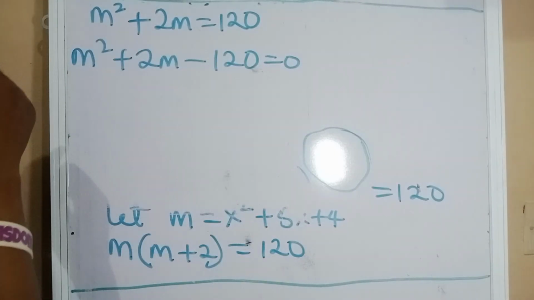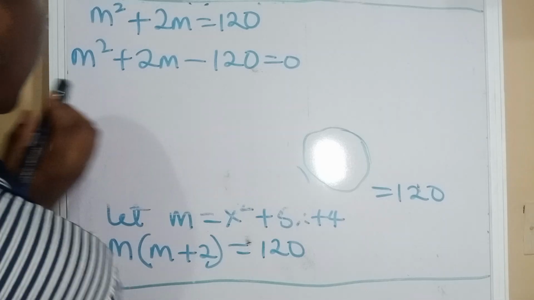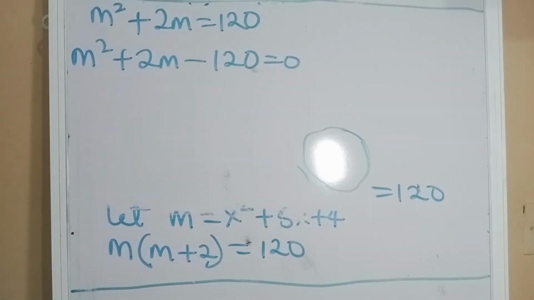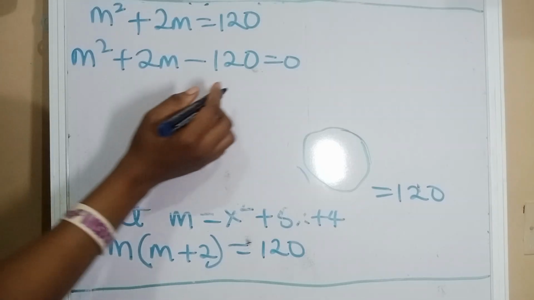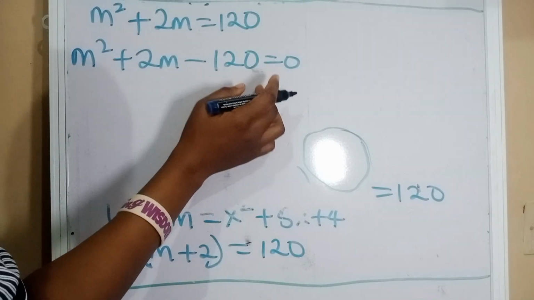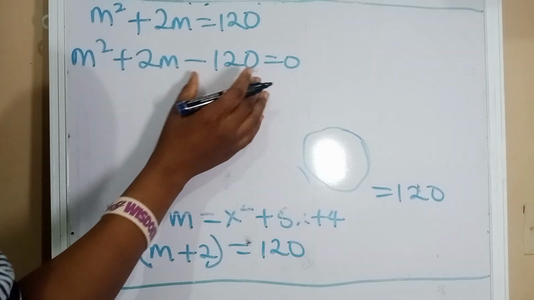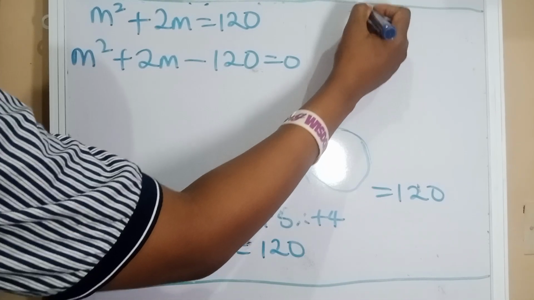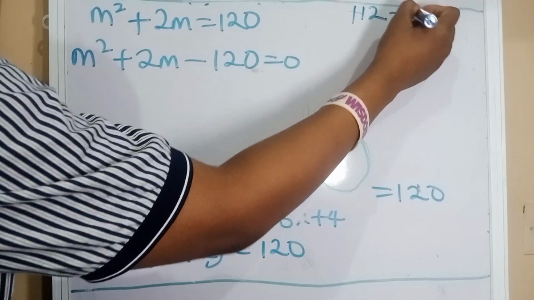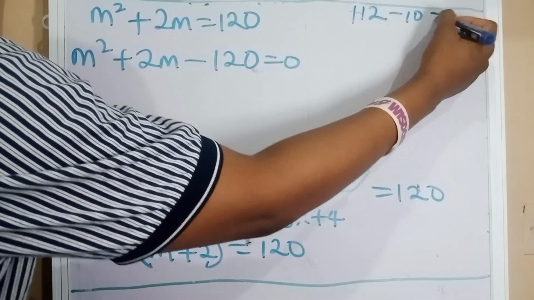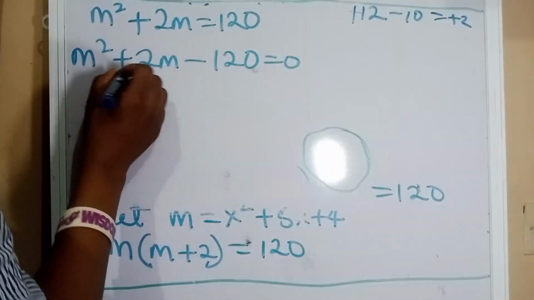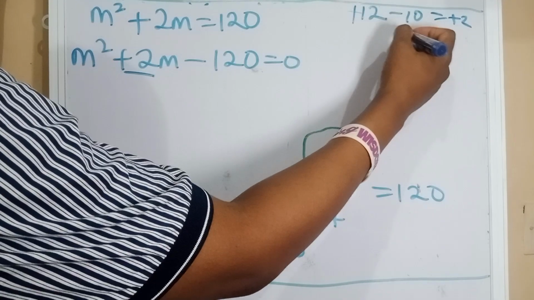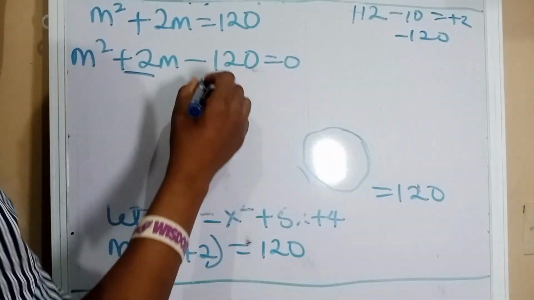Now, solving this in a quadratic format, we know we're going to get 12 times 10 here, such that we'll have plus 12 minus 10. When we add it, we have plus 2, which is this one. And when we multiply it, we'll have minus 120, which is this.